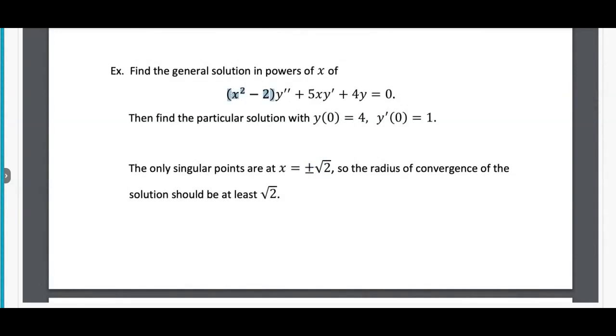Because if we divide by a of x, the p of x is 5x divided by x squared minus 2, and the q of x is 4 divided by x squared minus 2. So clearly, the singular points are plus minus square root 2. So the radius of convergence of the solution should be at least this much.